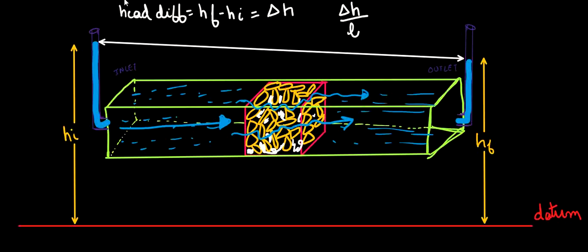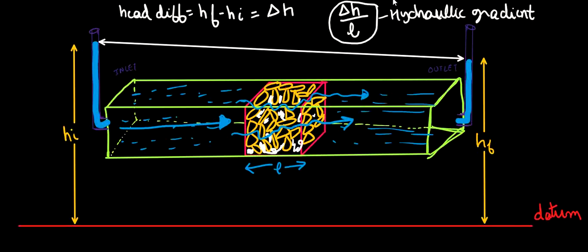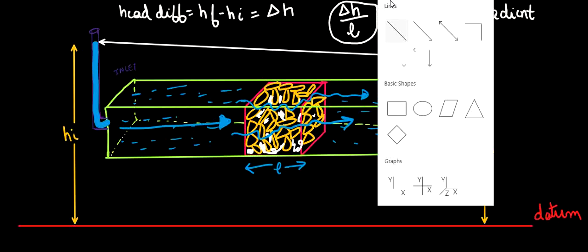Suppose in our case the length will be this much. This is L. So this term is representing our hydraulic gradient.